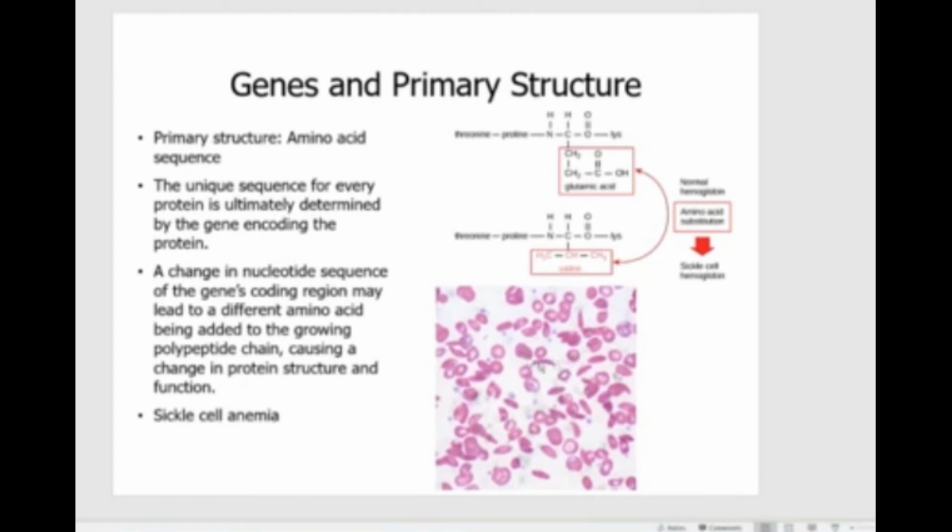Okay? And these sickle cells do not perform the same as normal red blood cells. They're very rigid, so it's very difficult for these cells to pass through the tiny capillary blood vessels, and a lot of times they tend to break, right? And then you have anemia. Okay. And again, remember, this is a very good example of how important the primary structure is.